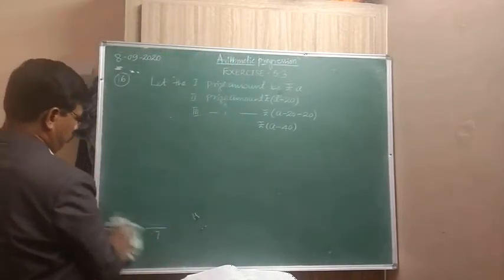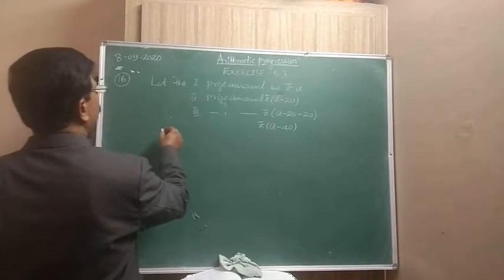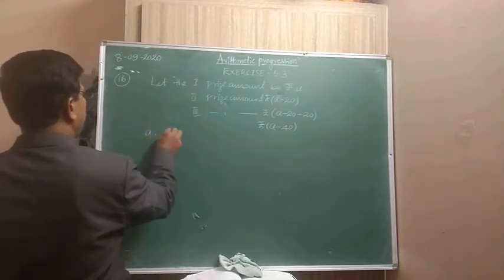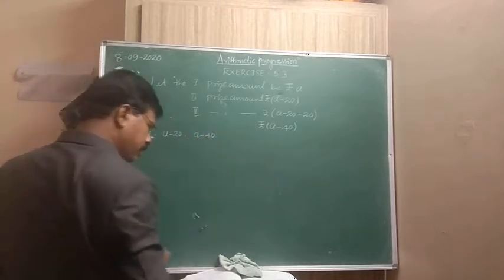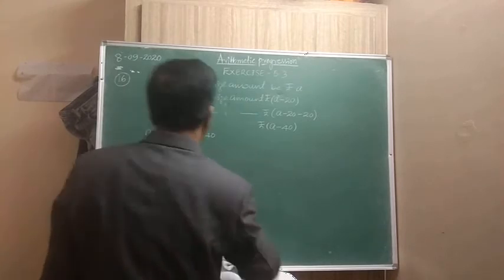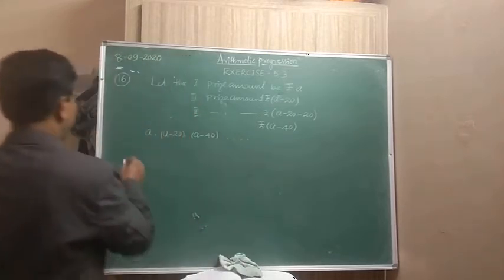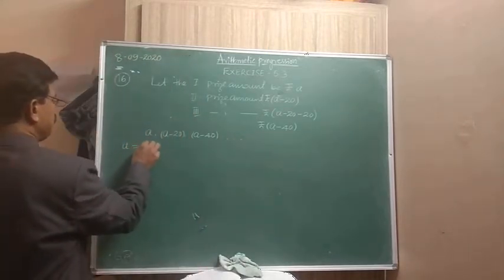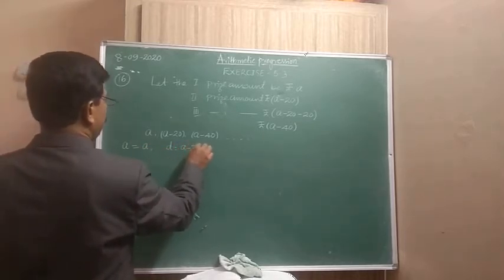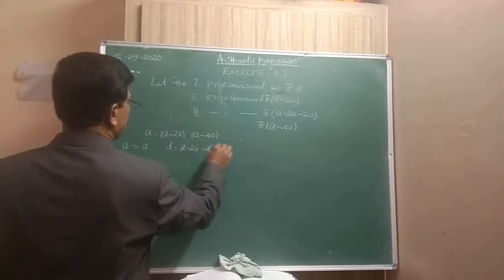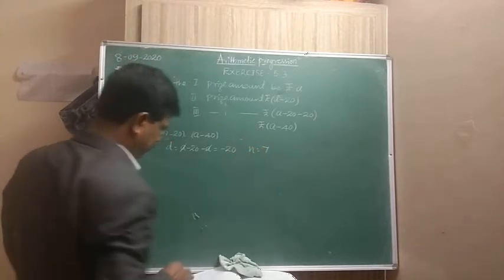So instead of that, what you can do is use the formula. Now what is the formula? A, A minus 20, A minus 40, etcetera. Now the first term is A. The common difference D is A minus 20 minus A. So this cancels, so minus 20. And n is equal to 7.